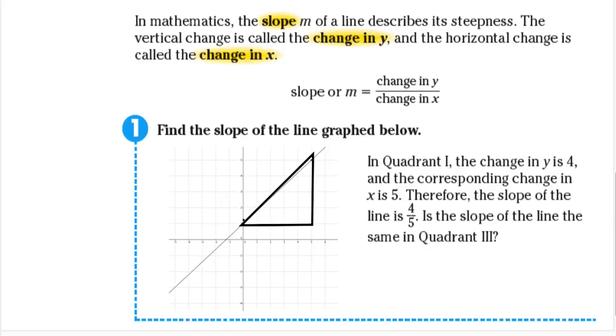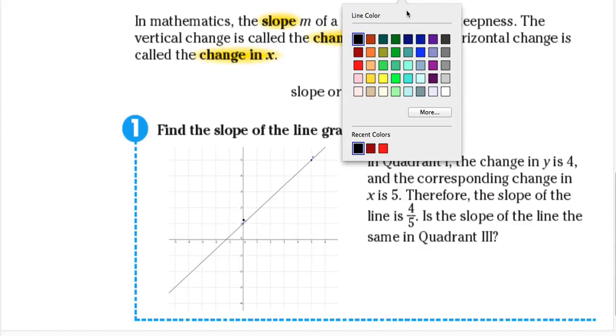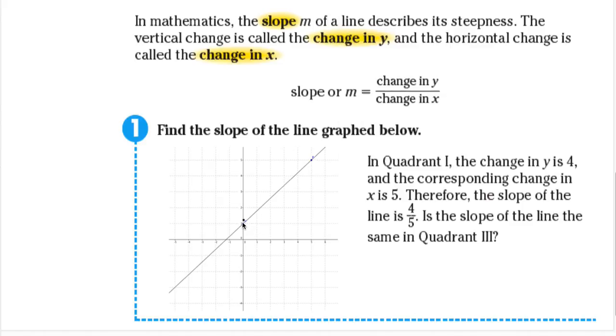This is how I find my change in x. It would be this one: 1, 2, 3, 4, 5. That's why the change in x is 5.